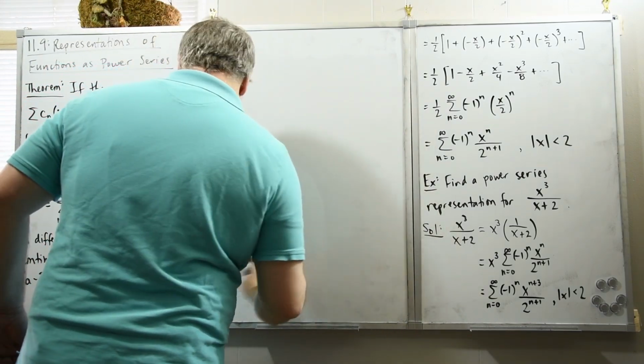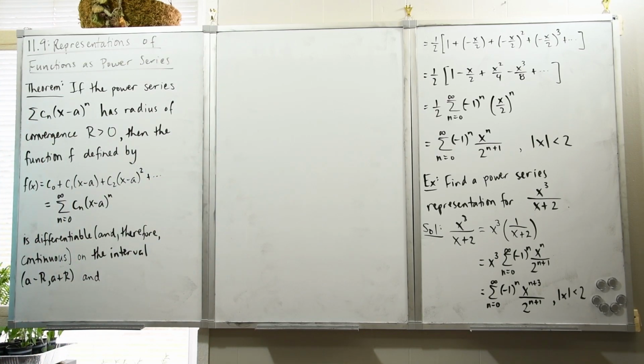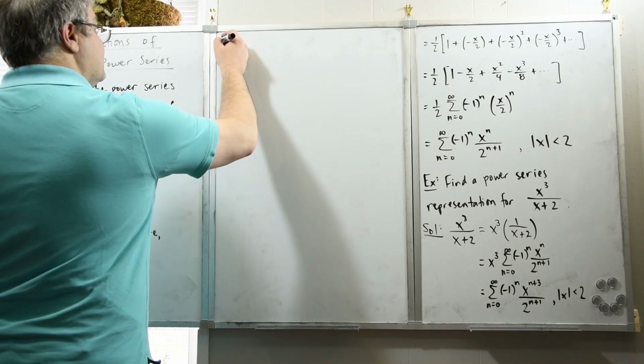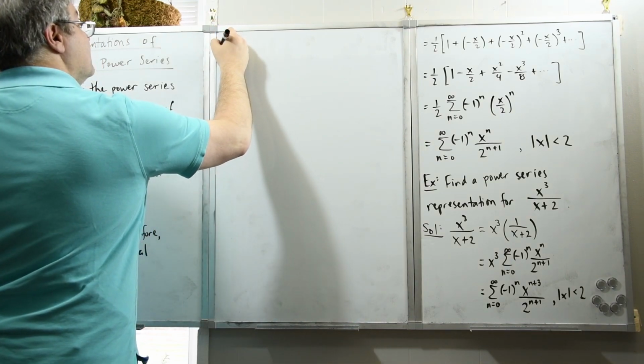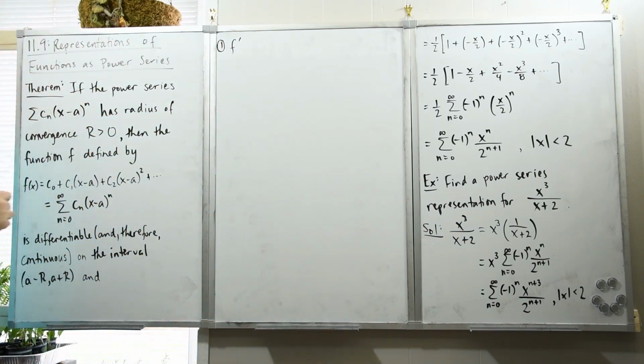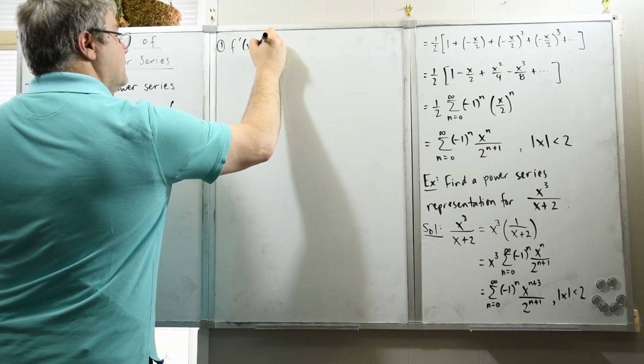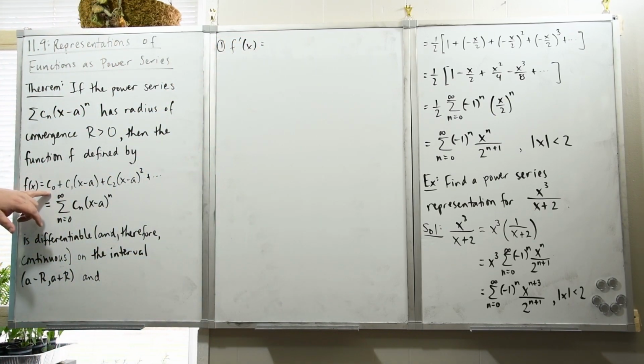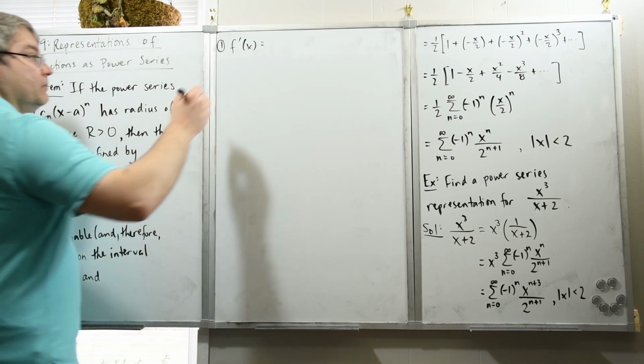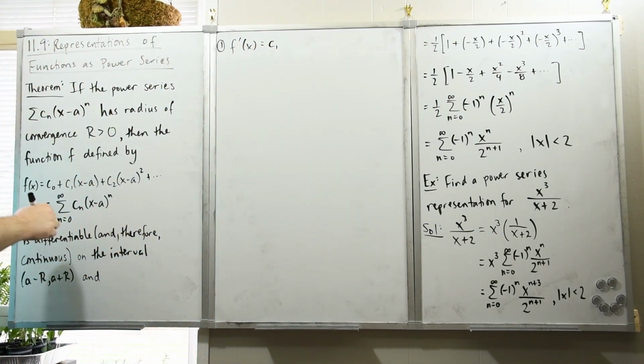Well, if our function is differentiable, then we know that f prime of x is going to be the same as, well, we'll have the derivative of c sub 0 will be 0, and then the derivative of c1 times x minus a will be c1. The derivative of c2 times the square of x minus a will be 2c2 times x minus a.